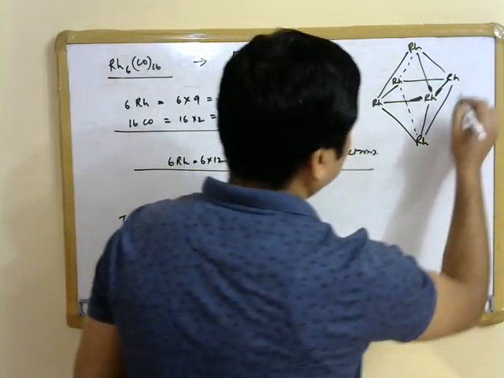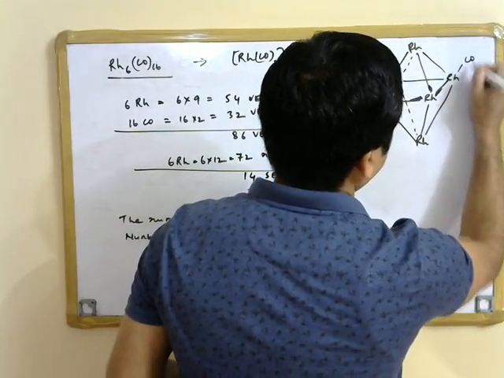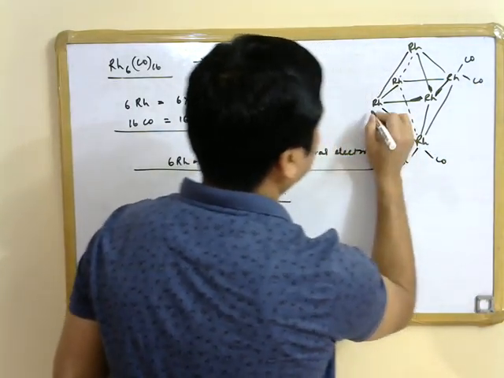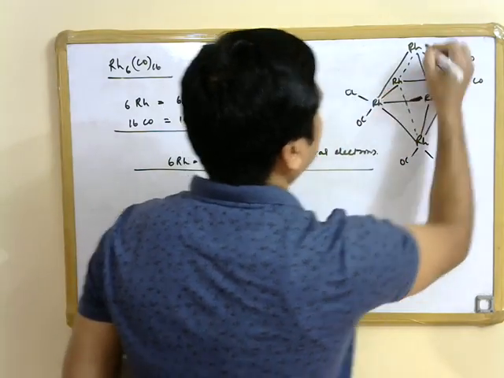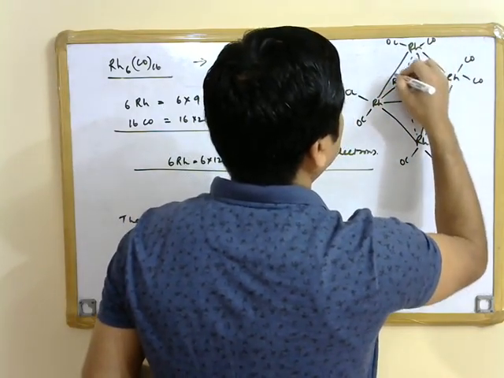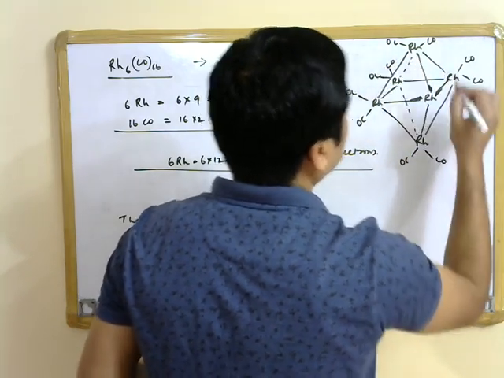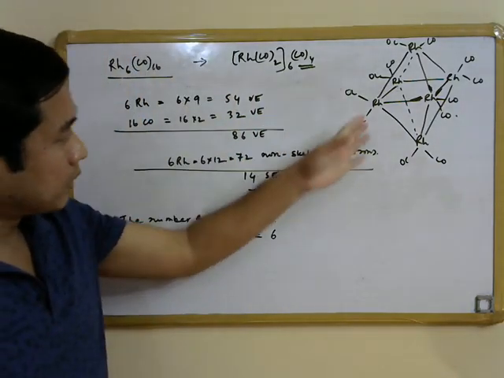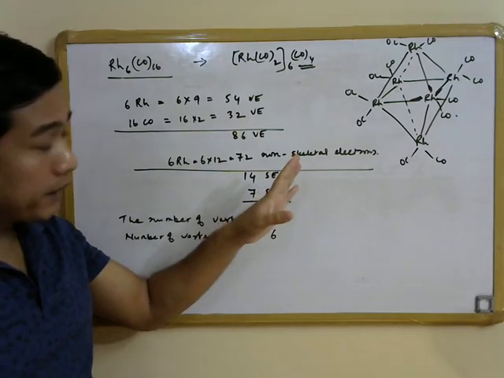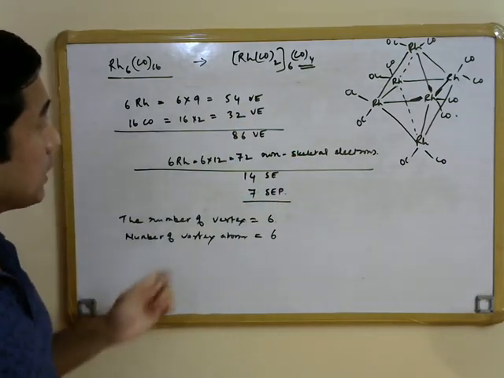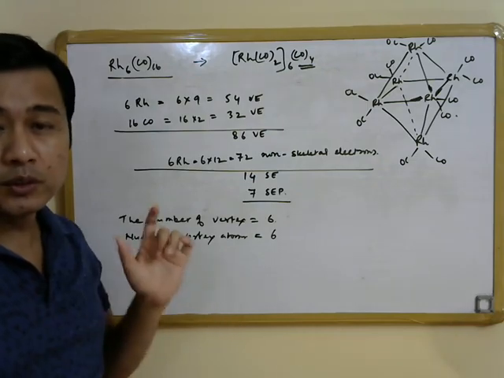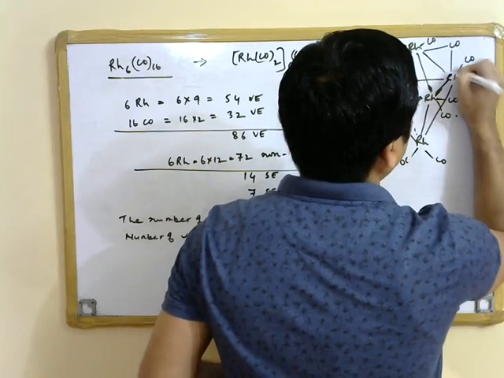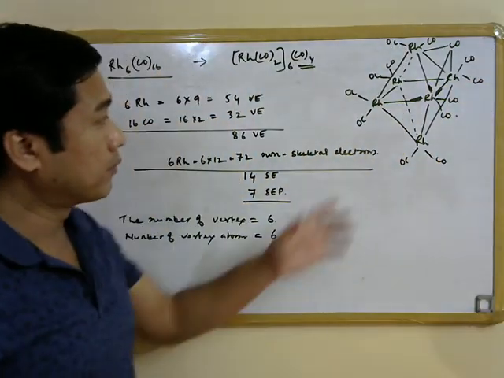So what we'll have now here, each of the rhodium centers, we attach 2 carbonyl ligands as terminal carbonyl ligands. And now we have assigned all the terminal carbonyl ligands to each of these rhodium centers, and now we'll have to draw the 4 bridging carbonyl groups, and these bridging carbonyl groups are attached to 3 rhodium atoms.